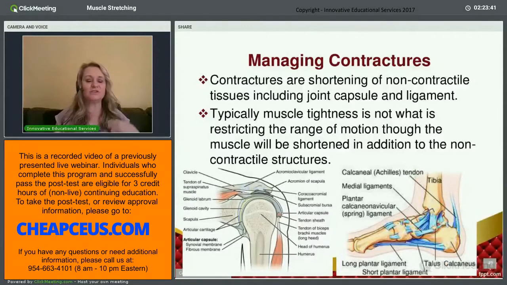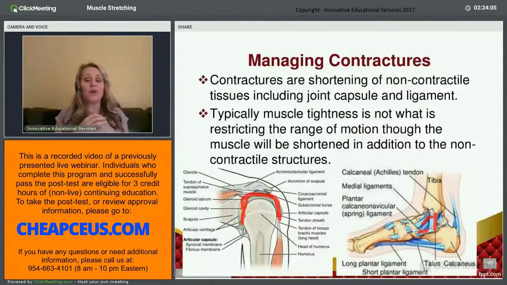A contracture is when a patient has decreased joint excursion, and it's determined that the ligaments, the joint capsule, those other non-contractile periarticular structures are what have tightened down, not allowing for the joint excursion. It's those other structures that are contributing to the decreased range of motion.